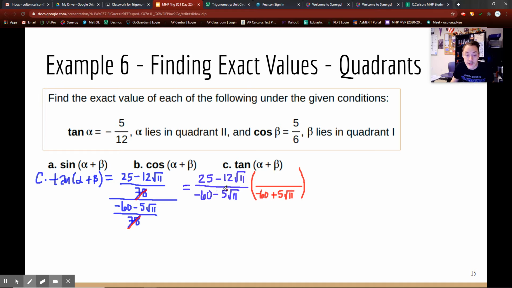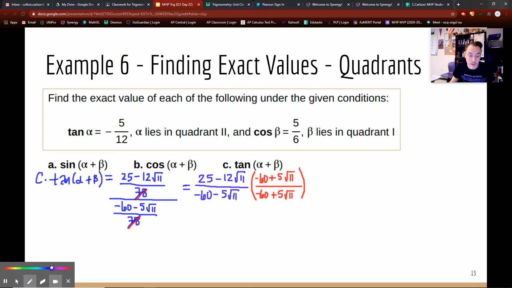I want to make sure that the radical gets the positive so that when I multiply all this out, my outer and inner terms, when I FOIL this out, will cancel. My radicals will cancel, and I'm left with an actual number here. And I'm going to do the same thing to the top because what I do to the bottom, I do to the top. Okay, so far so good.